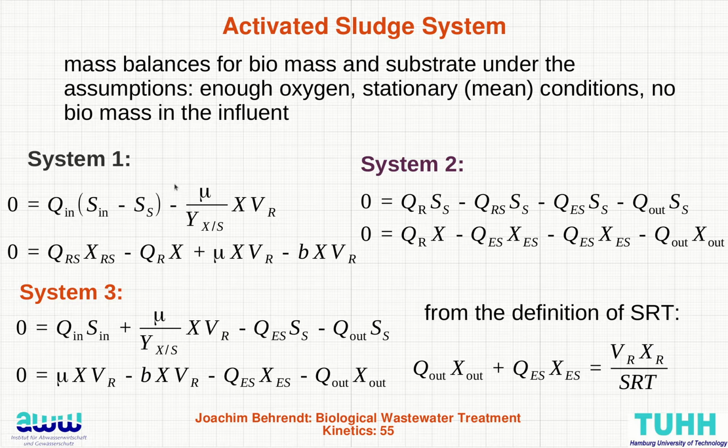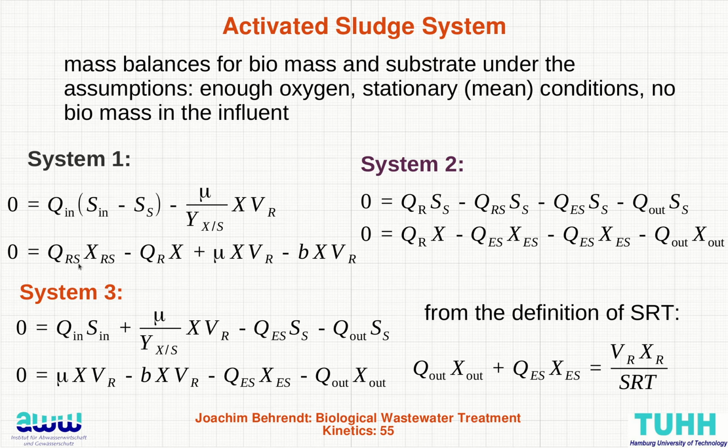Also you would think there is a return sludge flow, but finally the concentration in the return sludge is the same as S and goes in and out. Therefore we don't have to consider this here, but you can think at home. And we have the reaction rate, also the growth rate divided by the yield coefficient multiplied by X, and the reactor volume.